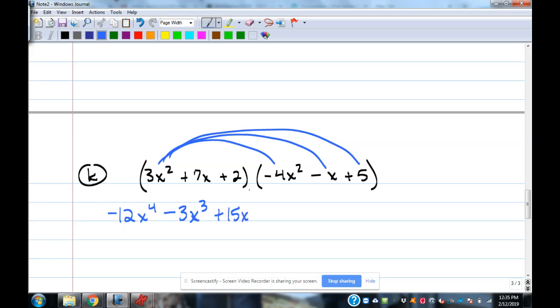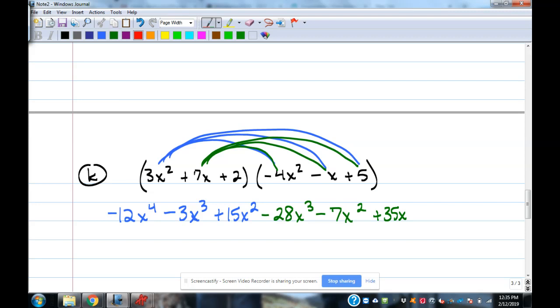Okay, and then we're going to distribute the 7x to everybody. I'll just use a different color here. 7x times negative 4x squared, negative 28x to the third. 7x times negative x, negative 7x squared. 7x times 5, 35x.